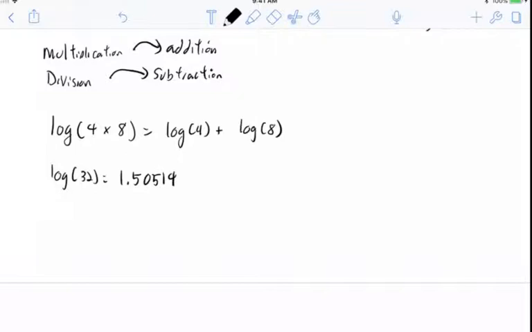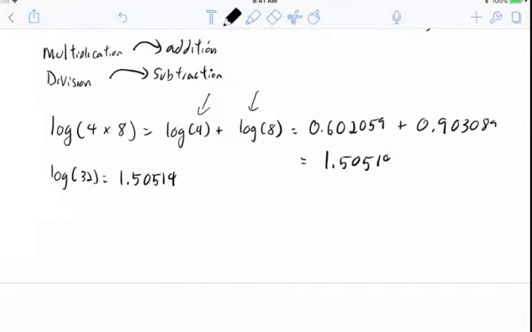Fine, okay? I can also evaluate each of these. So log of 4 is equal to 0.602059, and log of 8 is equal to 0.903089, and you add them together, and you get 1.50514, right?